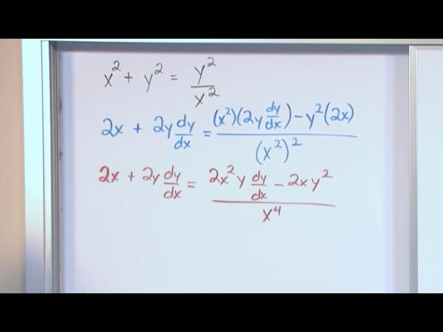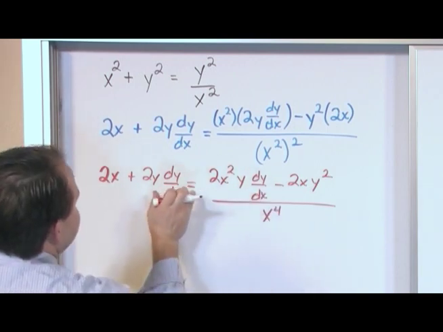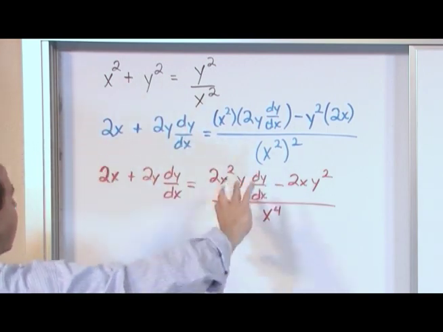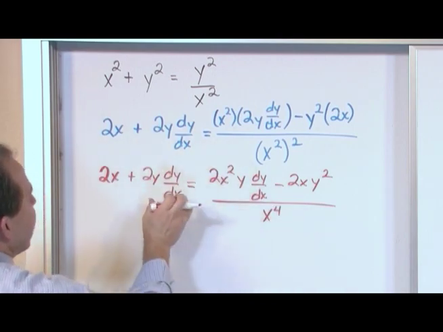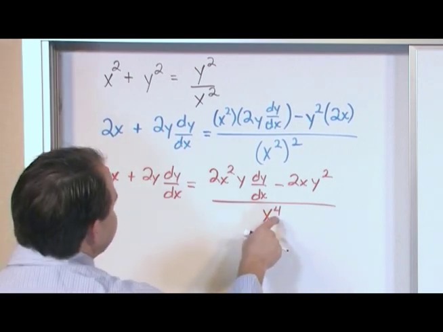So what we're going to do next is simplify this expression. Ultimately, we want to solve for dy dx. So we need to manipulate this and collect terms on both sides so we can isolate and factor that out. The biggest thing in my way is the denominator.